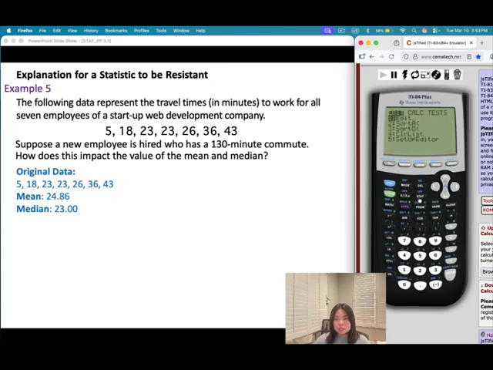Click on the stat. Click on number 1, edit. This time, I'm going to go to the L3. Okay, so input the data. Remember, one more, I do have a 130. Okay, add 130 in here.